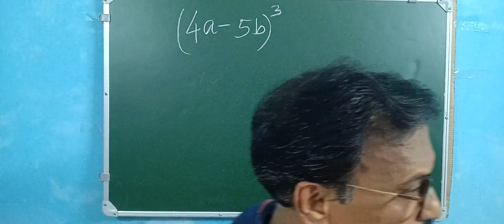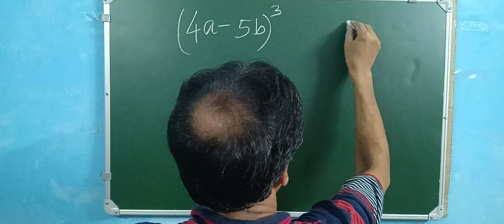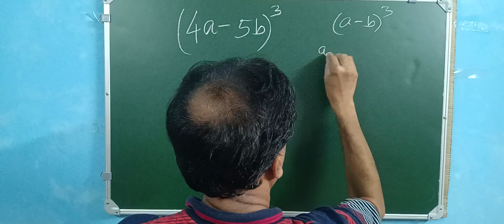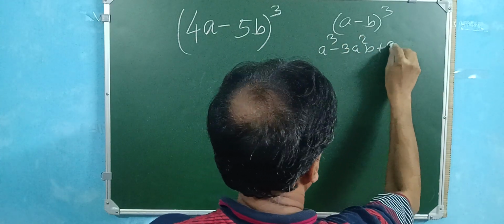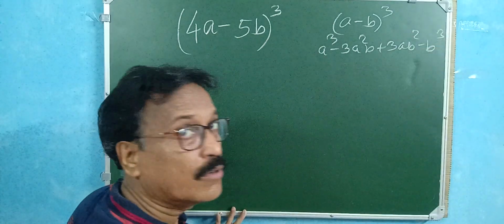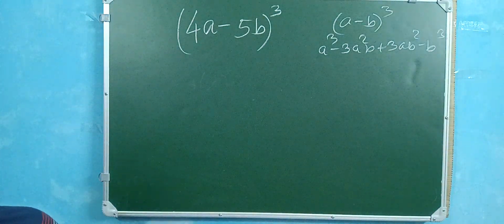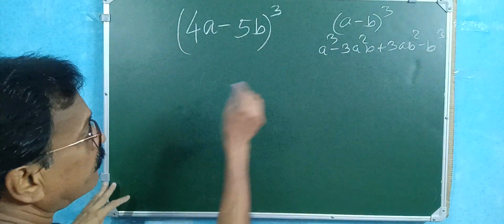You know a minus b whole cube, the formula you already know. So this is a cube minus 3a square b plus 3ab square minus b cube. You already know. Clear? Just put the values. 4a cube.